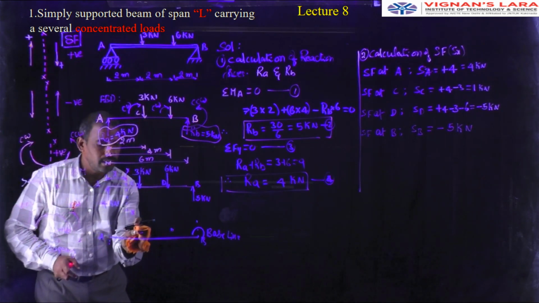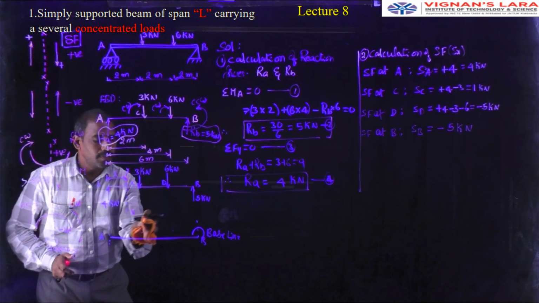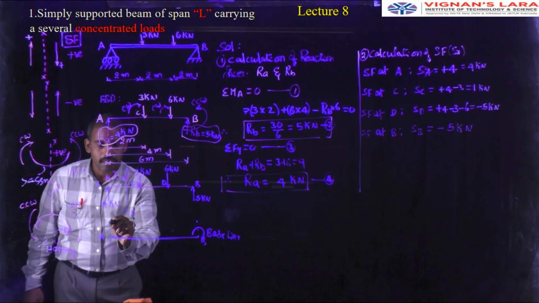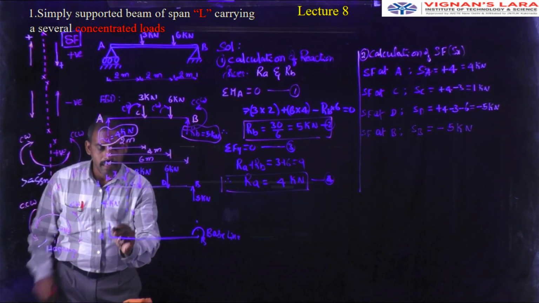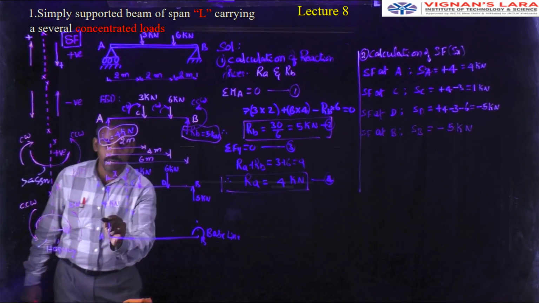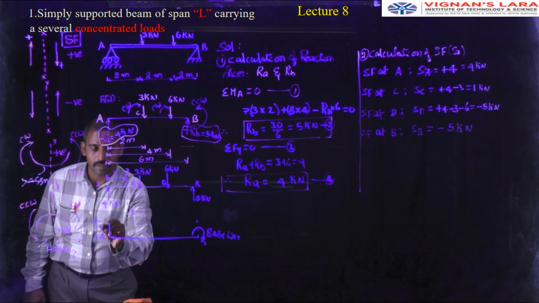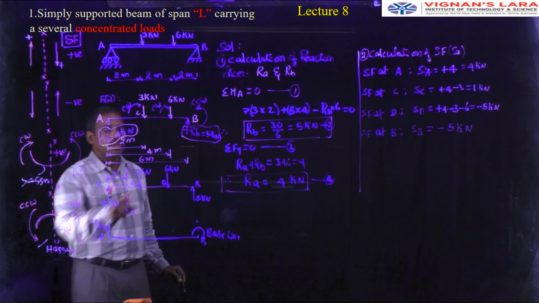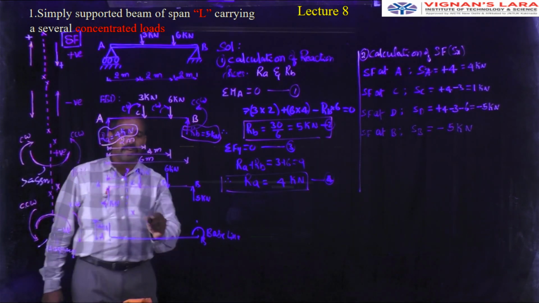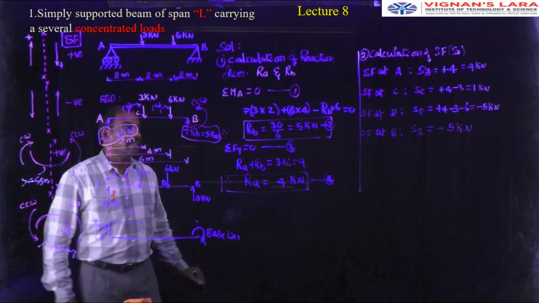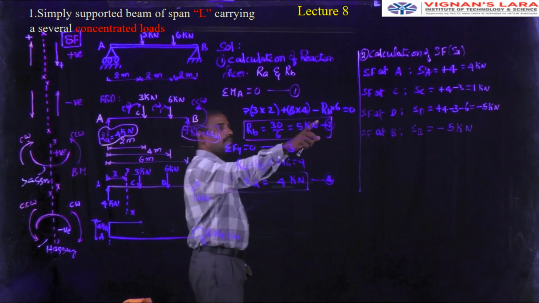So let us see the shear force at A, positive. Positive value is always taken above the baseline. Its magnitude is 4 kilonewtons. It is constant up to point C. Then what about the shear force at C?